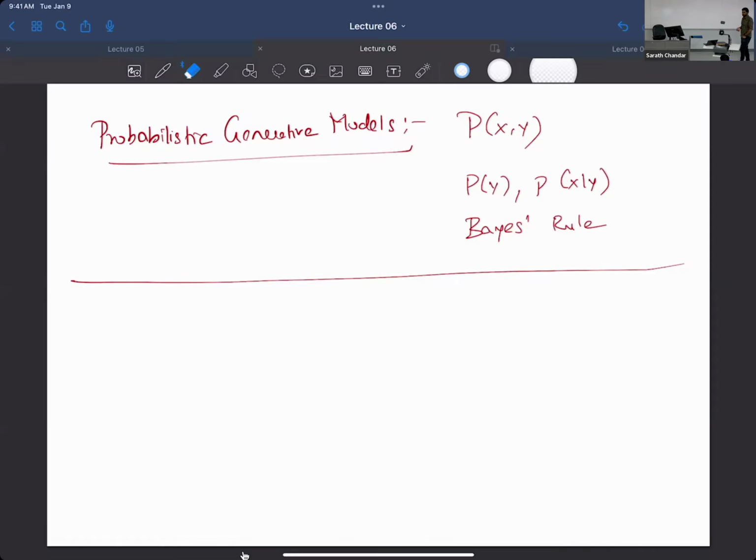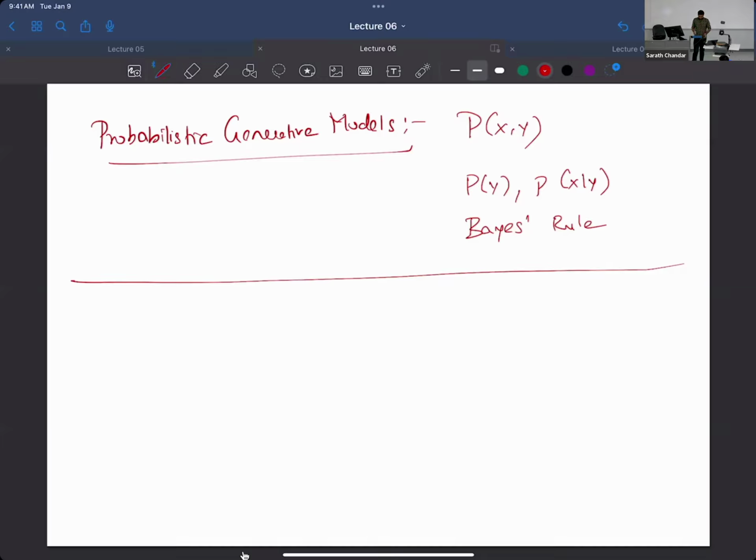If you're trying to fit a wrong distribution, you're not going to get the best performance that you could get, right? In some sense, this idea of doing P of X given Y first, and then using the Bayes rule to compute P of Y given X, would work when the assumptions about P of X given Y are correct.